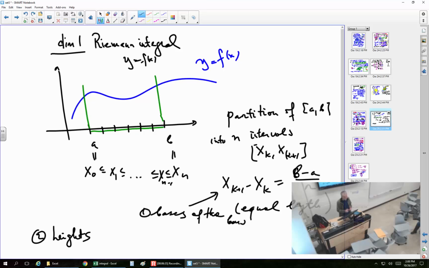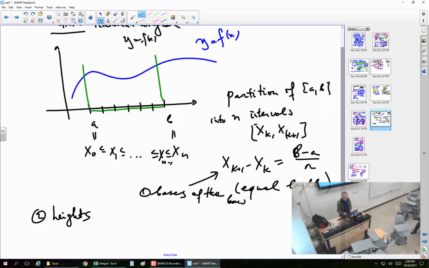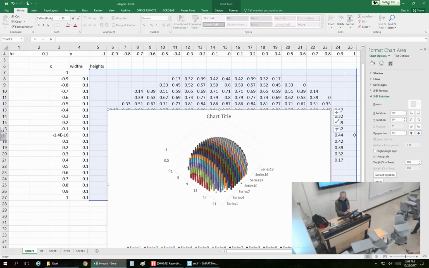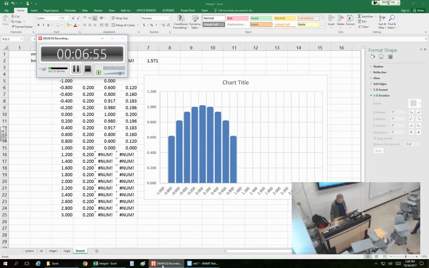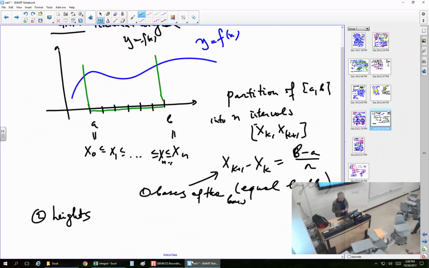It is left and right hand, but generally speaking, that's what I have to do. Unlike the way we did yesterday, where it was chosen to be the right hand. Right hand, yes. So heights are the values of the function f at the sample points.